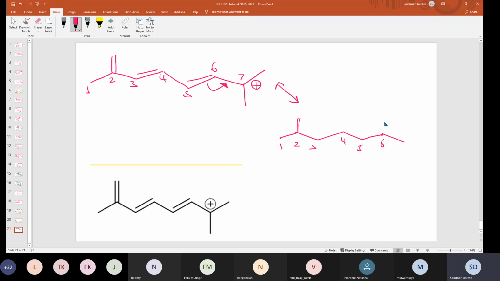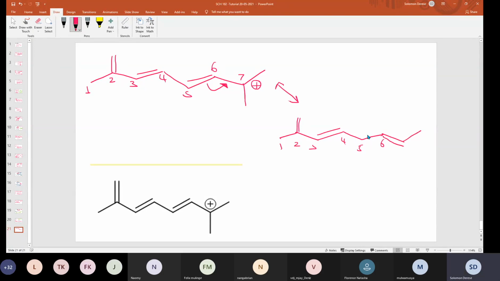So we have a double bond between carbon number 3 and 4. We have a double bond between carbon number 5 and 6, which we have not interfered with. Now, the one between 5 and 6, of course, we have now used it to form a double bond between carbon number 6 and 7.